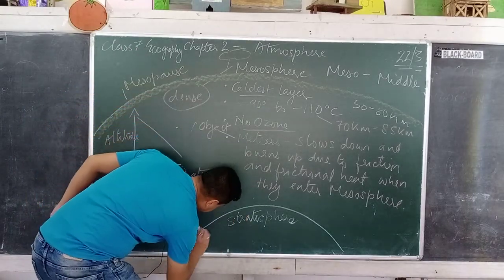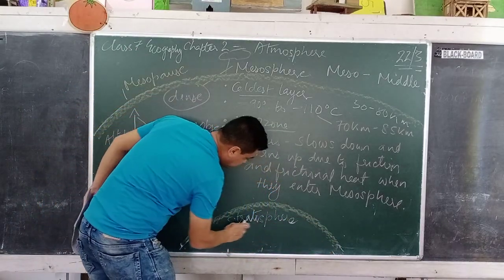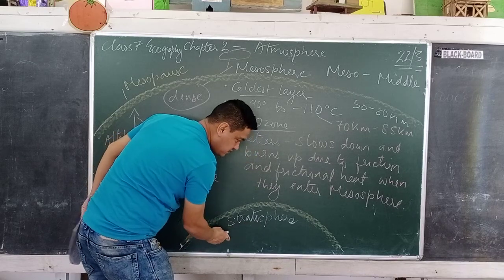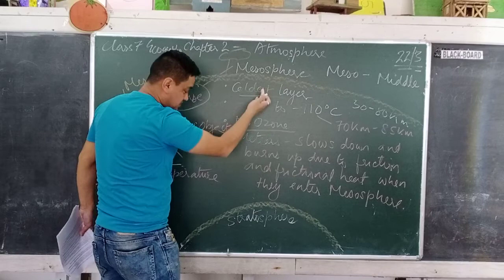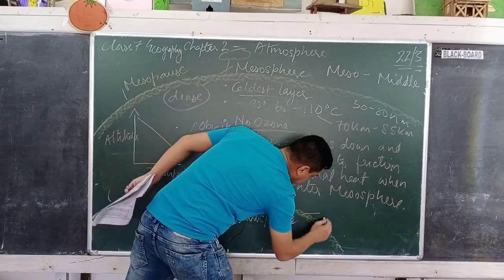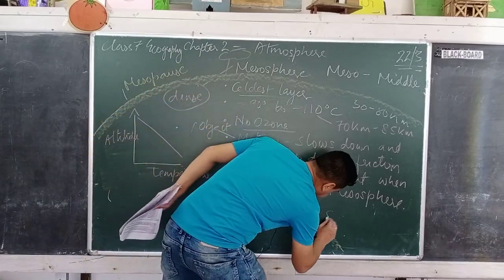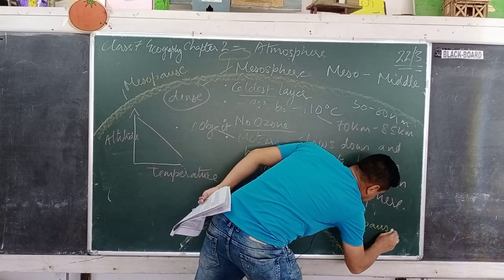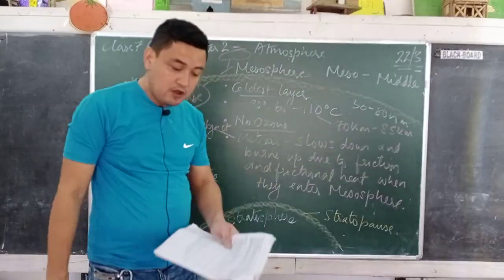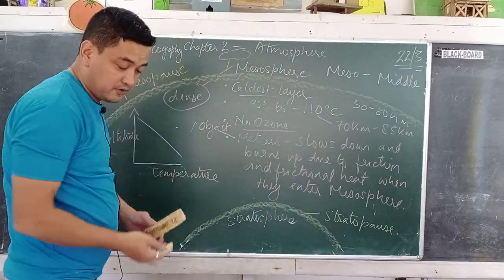I have written stratosphere here so you understand that after the stratosphere comes the mesosphere, but the lower limit is called S-T-R-A-T-O, stratopause.